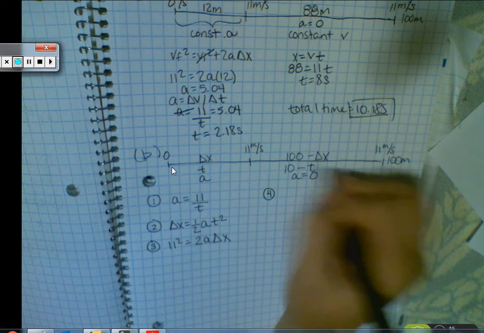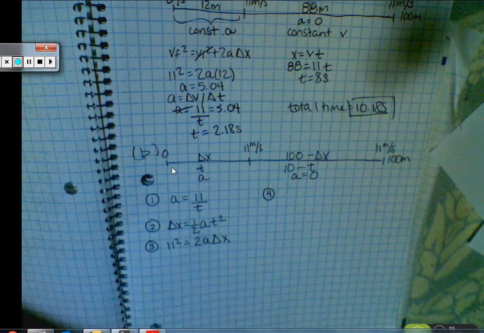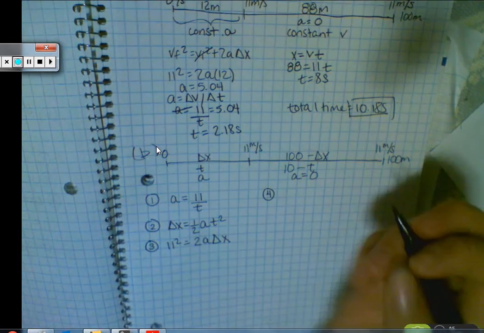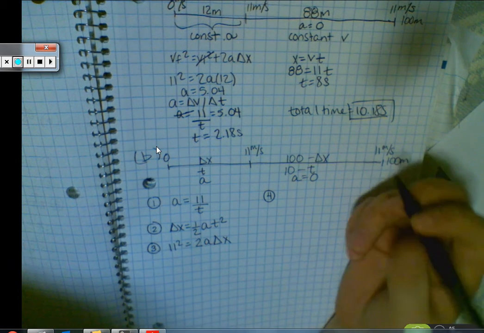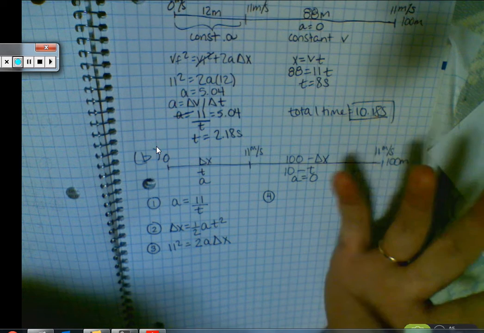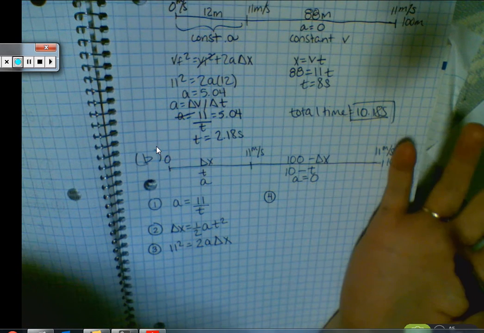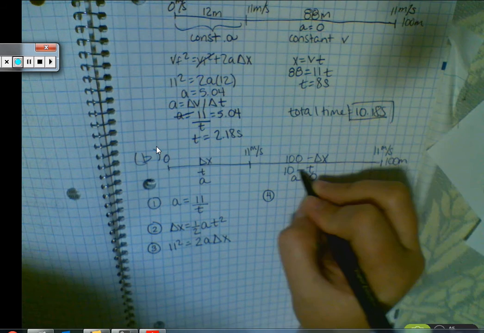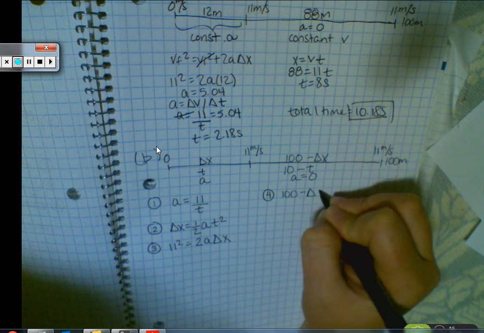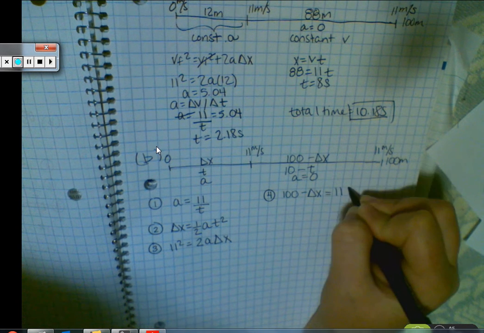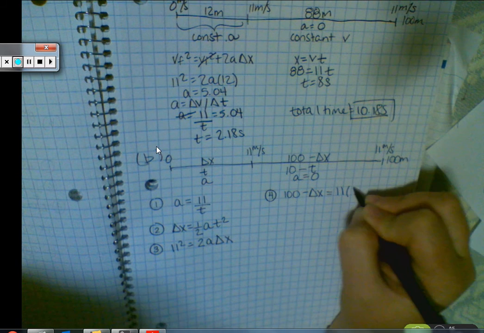Okay, so I have three equations here. For the constant velocity side, there's only one, because there is no acceleration, so the only equation we can look at is displacement equals velocity times time. So my displacement is 100 minus delta x equals 11 times my time, which is 10 minus t.